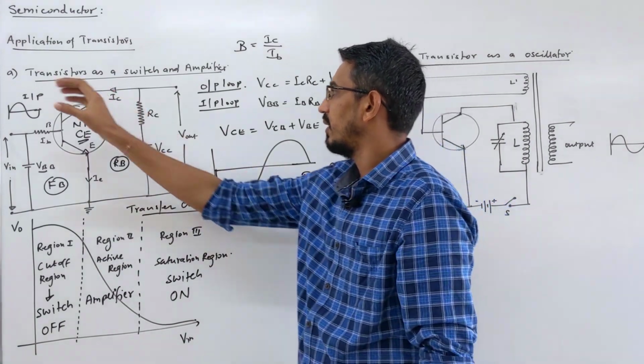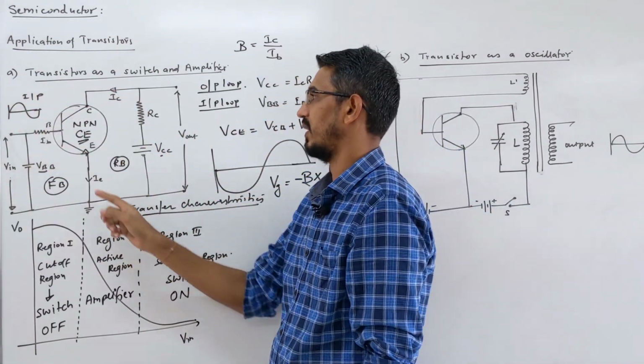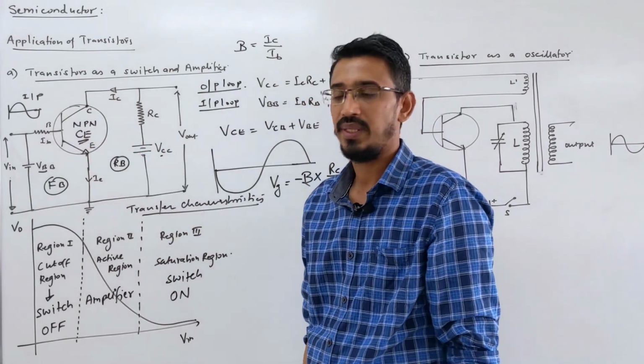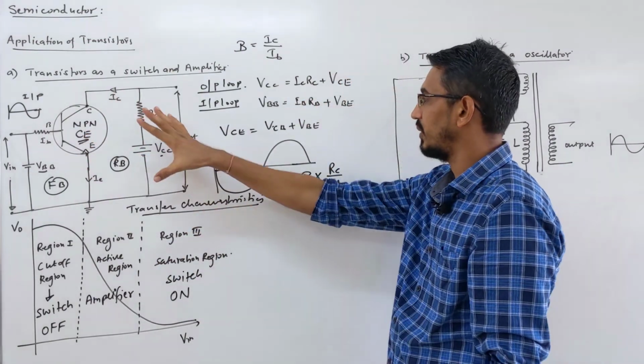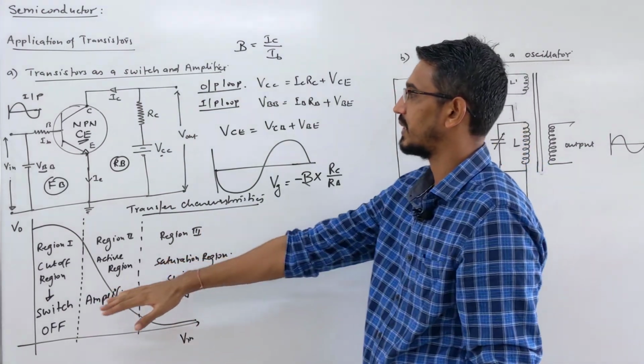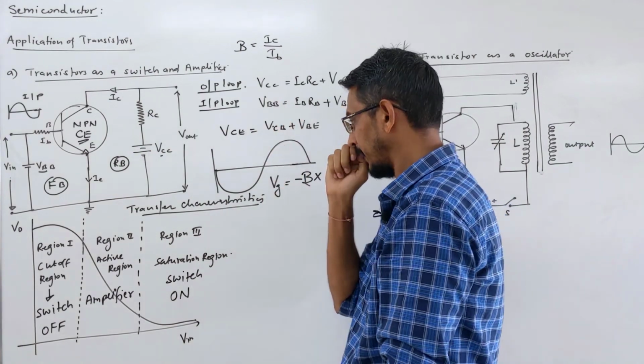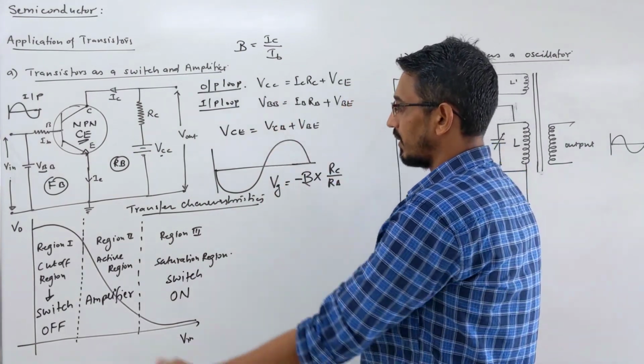This is important: the signal gets amplified, but there is a phase difference of 180 degrees in the case of a common emitter transistor. You can draw this, and this graph is also called the transfer characteristics. This graph was asked in the exam. The main thing they ask is the numerical, which we did yesterday. You can pause the video and copy this.